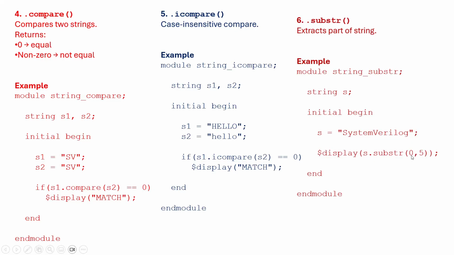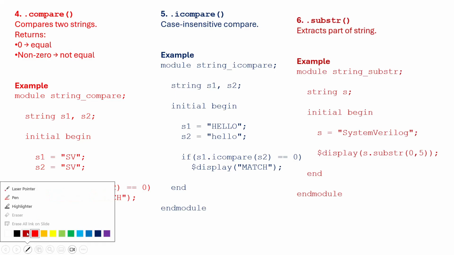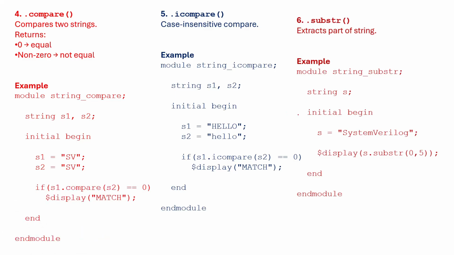From 0 to 5, that is 0, 1, 2, 3, 4, 5, so 6 letters of SystemVerilog are cut here. Then display whatever is there. So SYSTEM will be gone and Verilog will be the output.